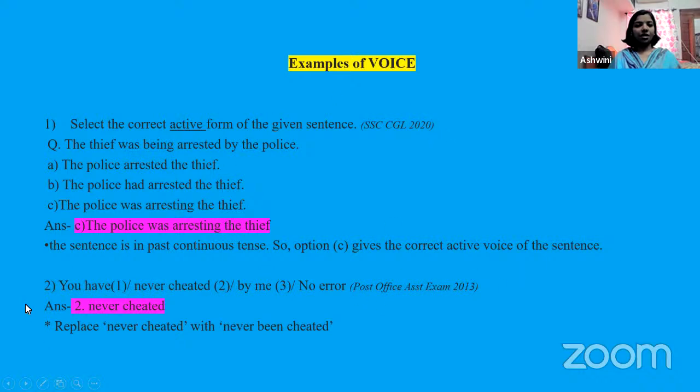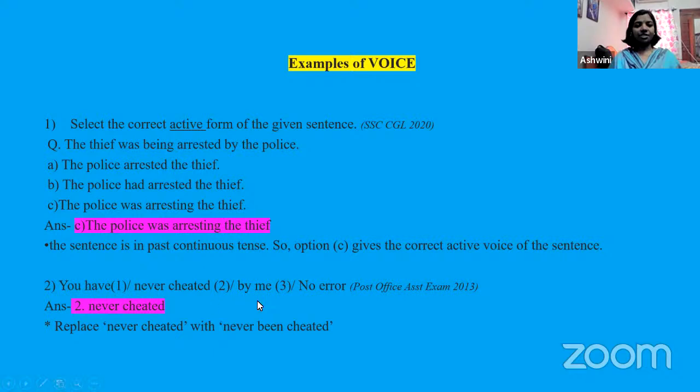Okay. Now the next example is that you have never cheated by me, no error. ये क्वेश्चन पूछा गया है पोस्ट ऑफिस एग्जामिनेशन में जो हुआ था 2013 में, राइट?